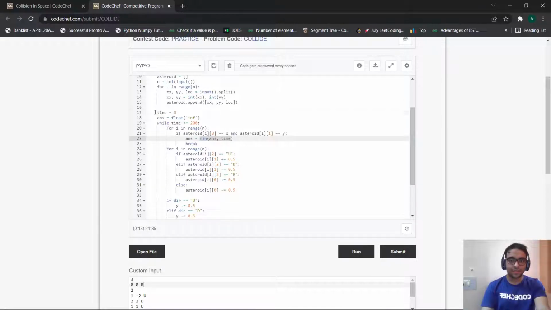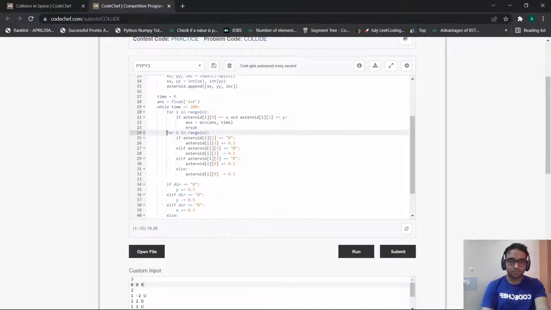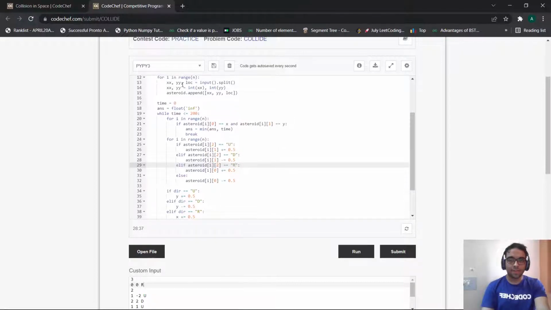So the time is initially 0 and then we'll keep on increasing the time. This is the answer if any asteroid is colliding, and I'll break the loop since this Earth will be destroyed by this particular asteroid. If that is not the case, then I traverse the n loop and, according to the initial direction of each asteroid, I update its location.